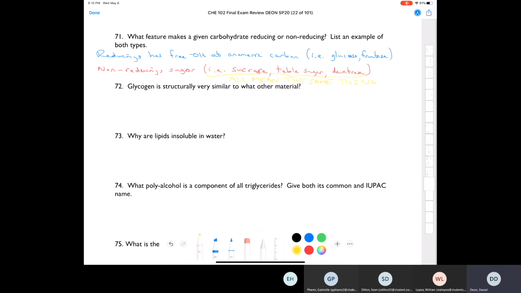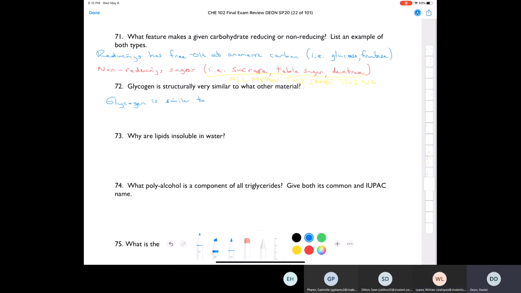Oh, we discussed this earlier. Glycogen is very similar to what other material? Glycogen is the main storage form of glucose in animals, including humans. It's similar to amylopectin, right?